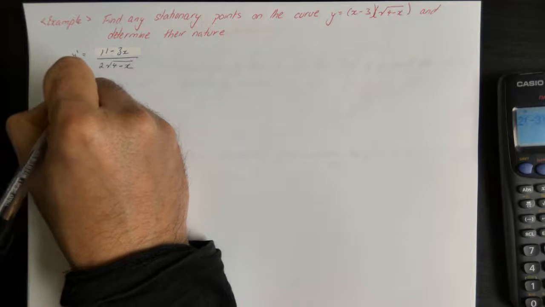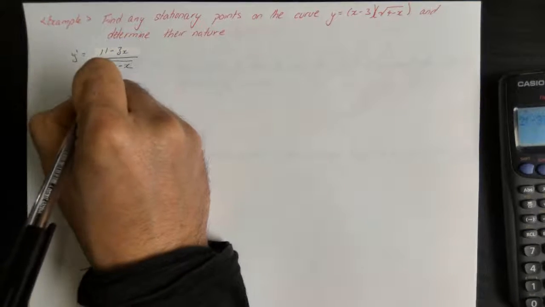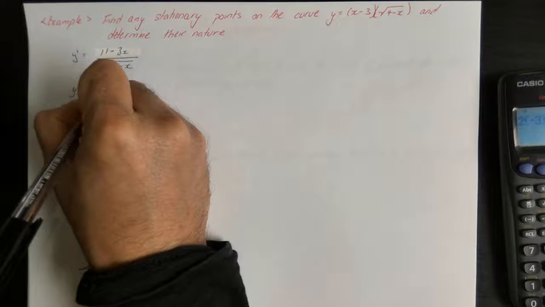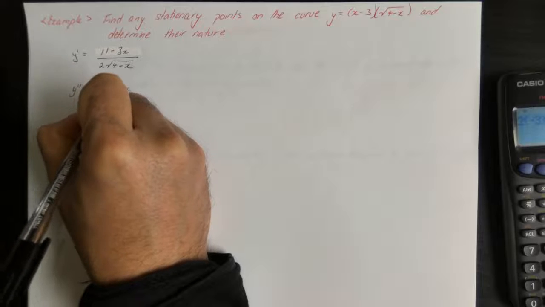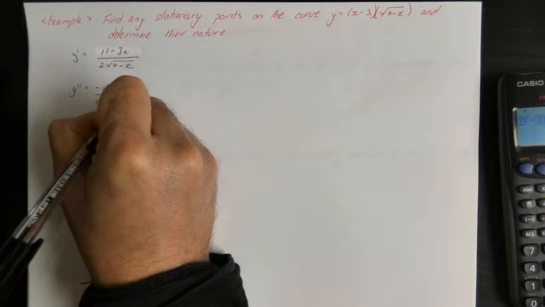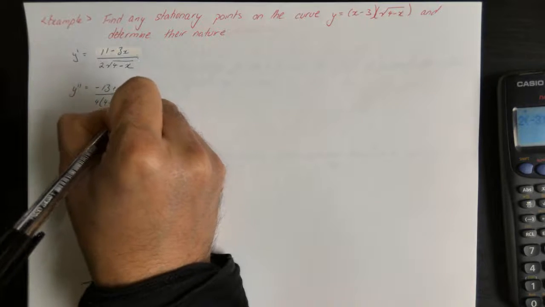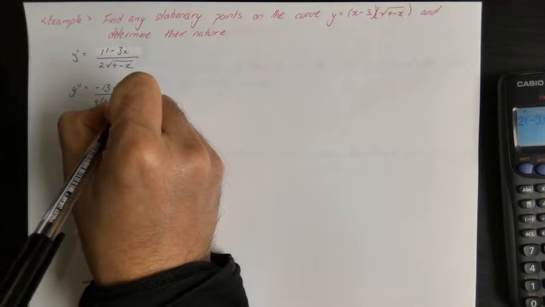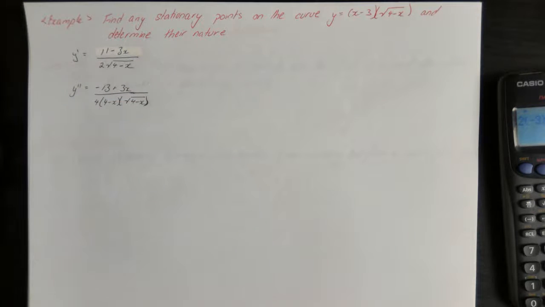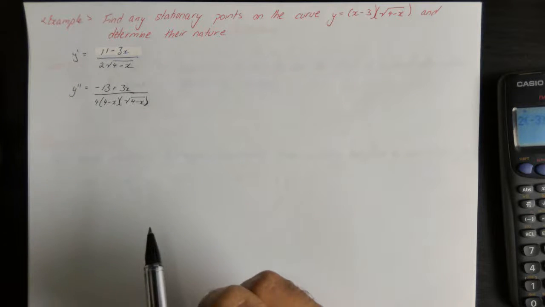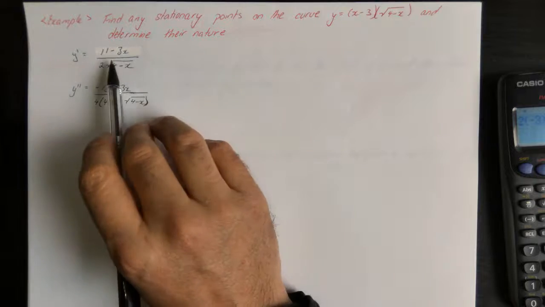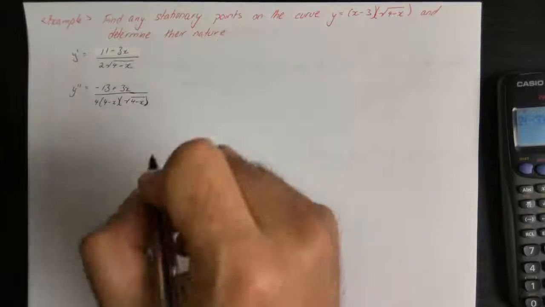Okay, and the second derivative ends up being -13 plus 3x all over 4 minus x, times the square root of 4 minus x. Okay. I'm going to let you try to do those derivatives, but they're the solutions for the first and second derivative.